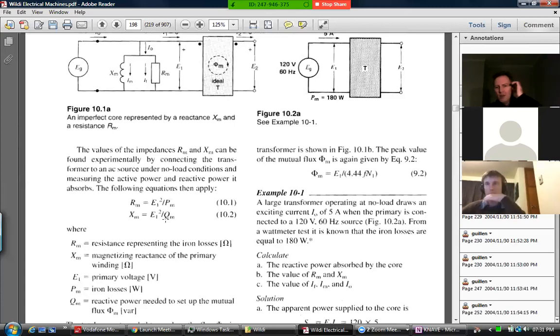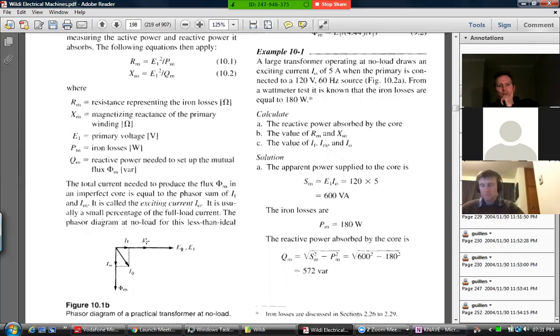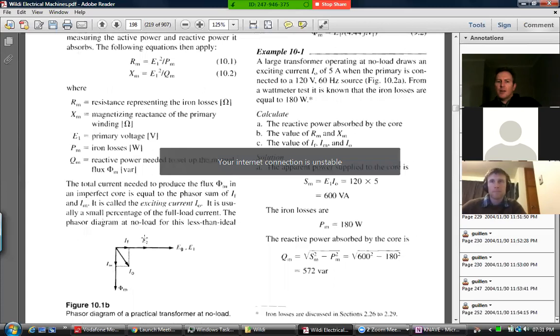Okay. What does that do? That means you've got some current required there for the magnetizing side of things. You've got some current required here for the power, the real power loss, hysteresis and eddy currents kind of things. And because now you've got an R and an X together, we're going to get a current which is no longer exactly 90 degrees behind.